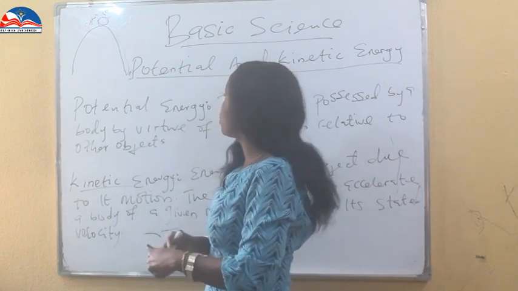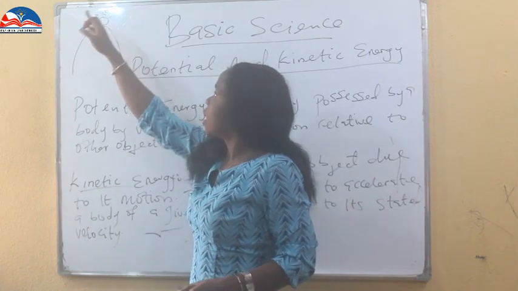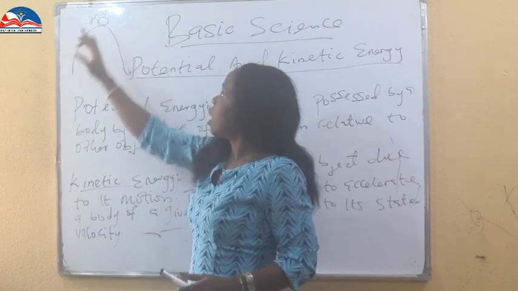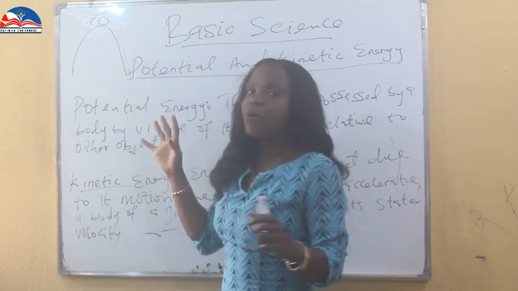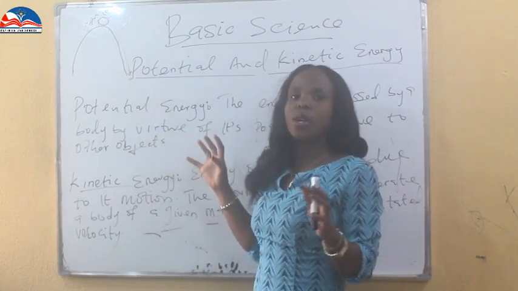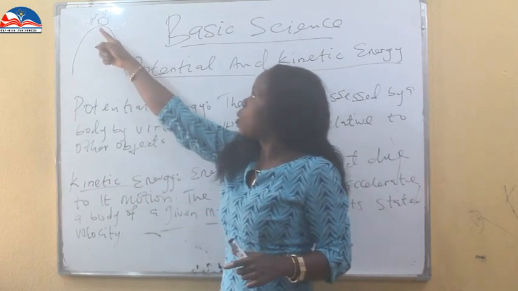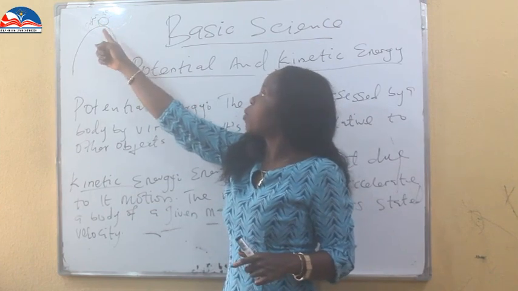But let's talk of the potential energy. The object is the stone here, and the position is on top of the hill. When this stone is pushed down, the force at which the stone is pushed down possesses an energy. The stone, being at this height, now possesses potential energy.